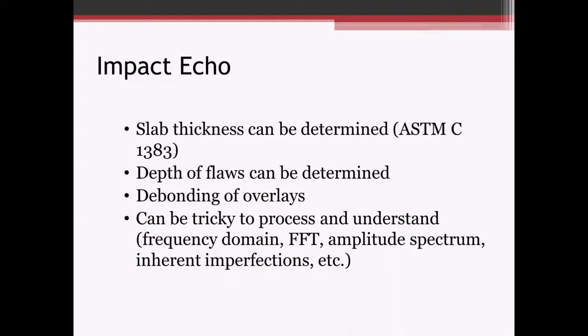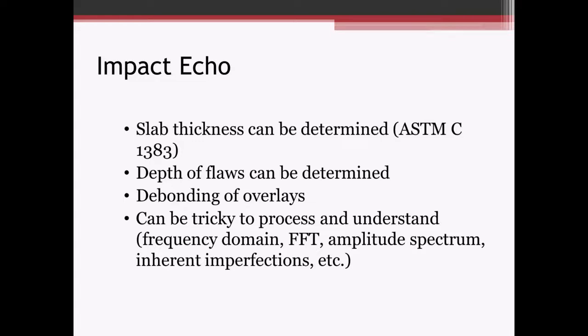It's good for slab thickness, that's what's covered in ASTM C900. Depth of flaws can be determined as I discussed. You can also, qualitatively, locate debonding of overlays. But again, it can be tricky to process and tricky to understand.